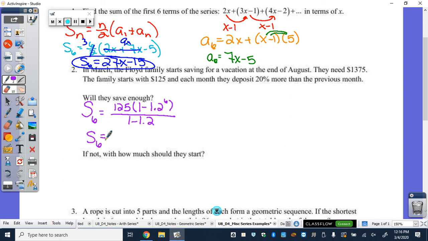So starting off at $125 a month, increasing it by 20%, will they save enough for their vacation? We'll have 1241.24, so is that enough? No.